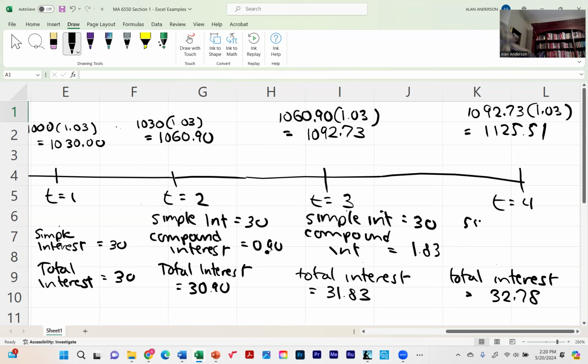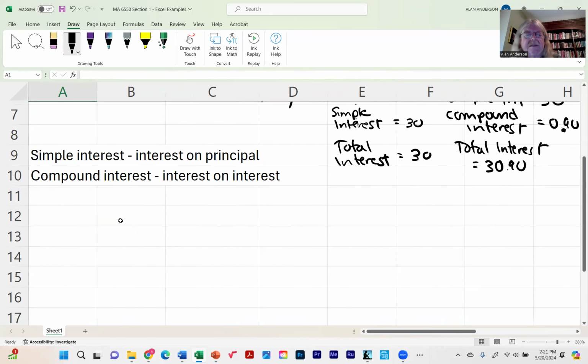And so the simple interest is 30, as it always will be. Now the compound interest, 2.78. And so what you can do now is say, in this case, the simple interest would simply be 4 times 30.